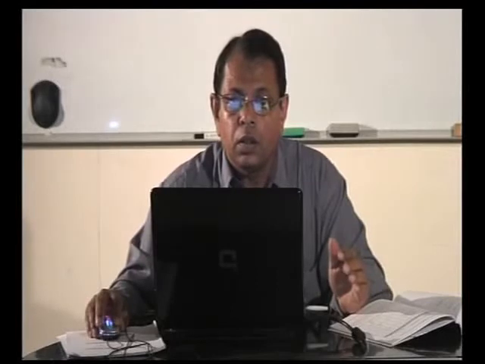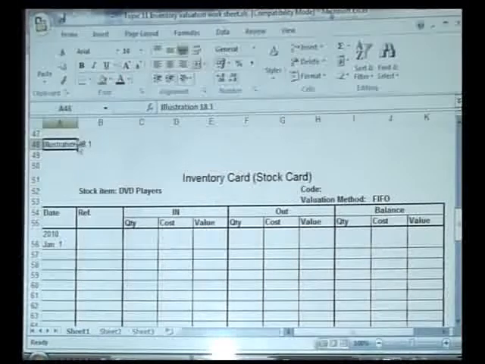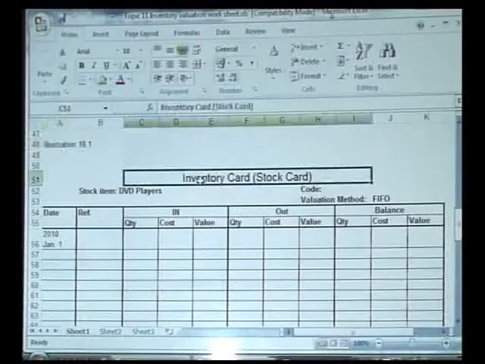Now we will work out an inventory card or stock card. For that, turn to illustration 18.1. Inventory card is the record card kept for each and every inventory item or stock item.